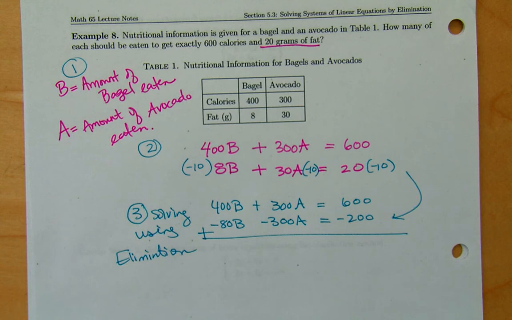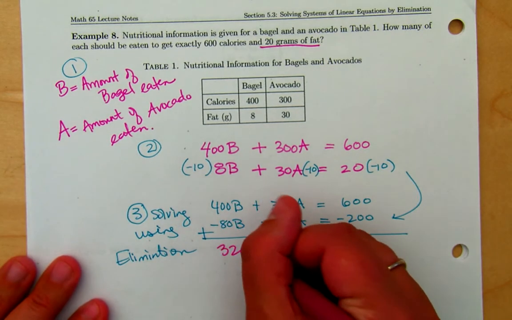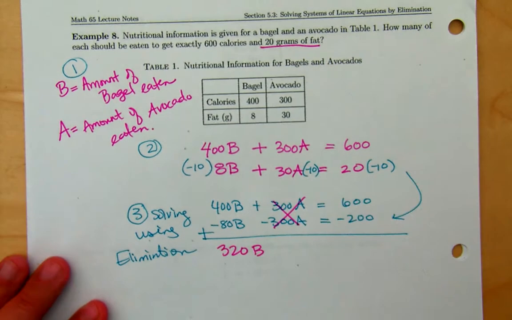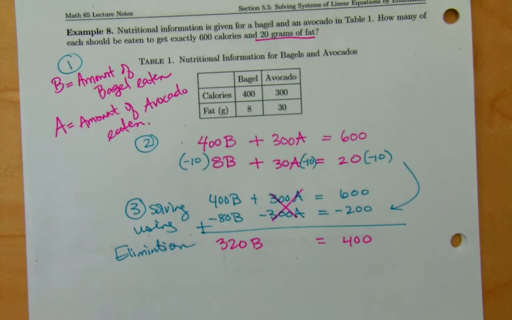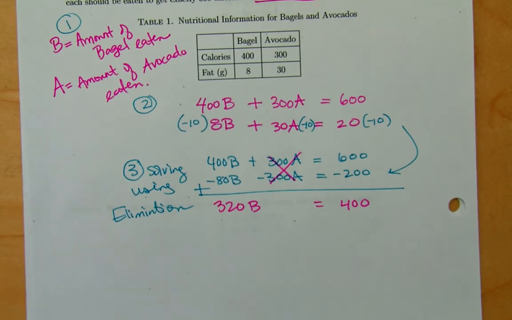Now what should I do now? Add them together. And what do you get when you add them? 320B, this is gone, it's eliminated, equals 400. What should I do next?